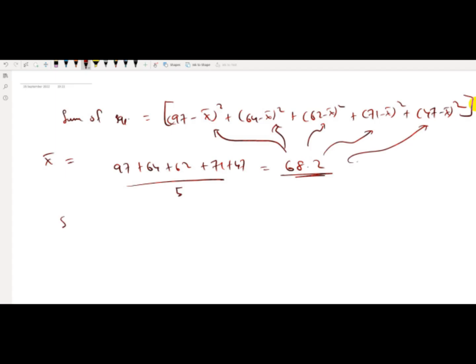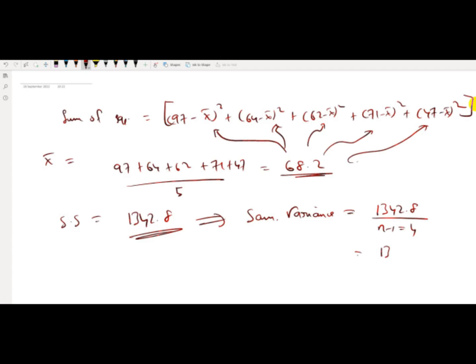I solved this sum of squares earlier, so I'll directly give you the answer. The sum of squares is 1342.8, and from this we need to calculate the sample variance, which is 1342.8 divided by n minus 1, as we have 5 observations, so divided by 4, which is 335.7.